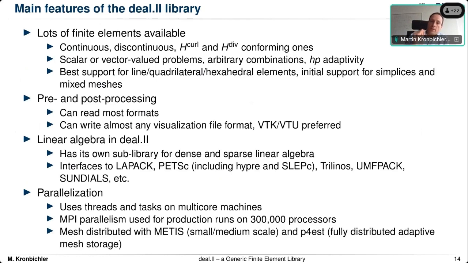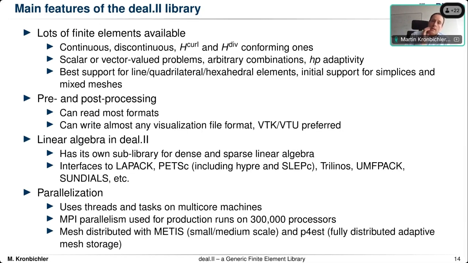For example, when you have incompressible flows, you would like H-div. When you have electromagnetic waves, you have H-curl, and so on. We have support for scalar and vector-valued problems. You can combine them in whatever way you want. You can do adaptivity, both in terms of the mesh size h, in terms of the polynomial degree, or both of them. It really has certain infrastructure to support them all.